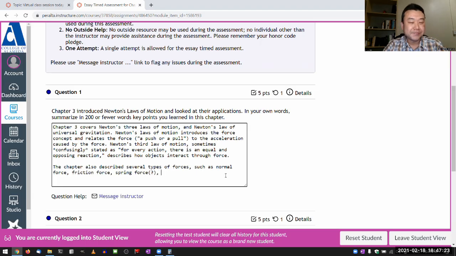Normal force, friction force, and gravitational force. Let's see what else. Gravitational force, which is an inverse square law of force.